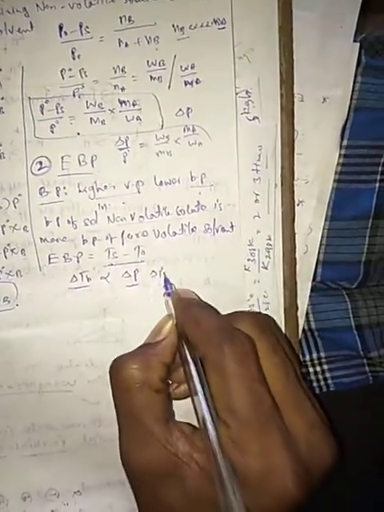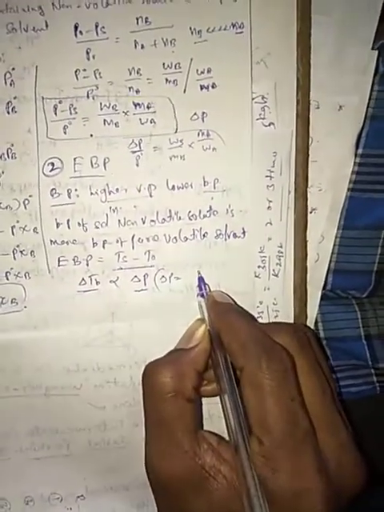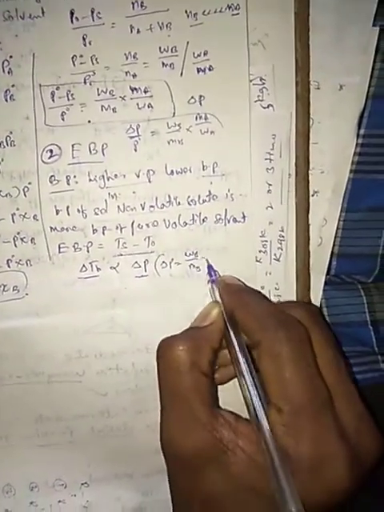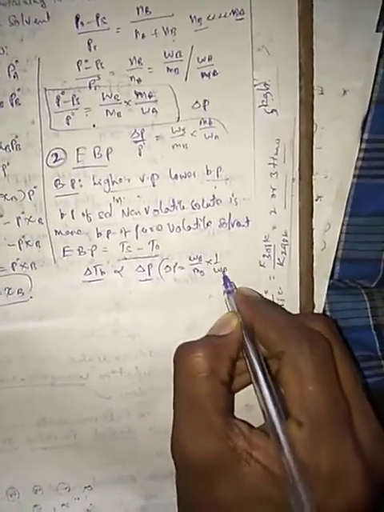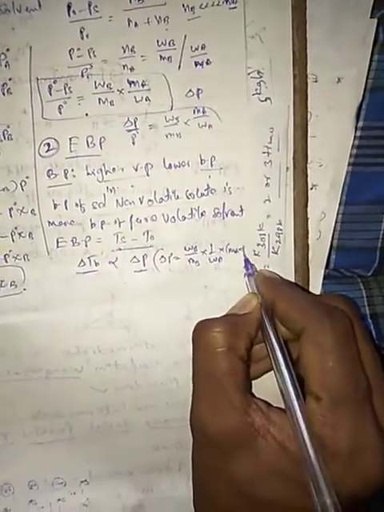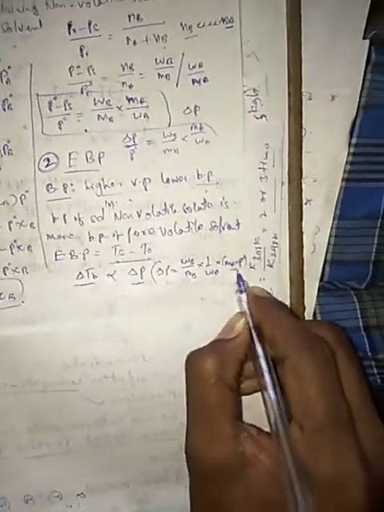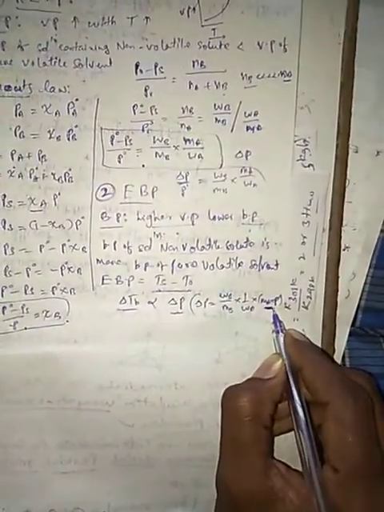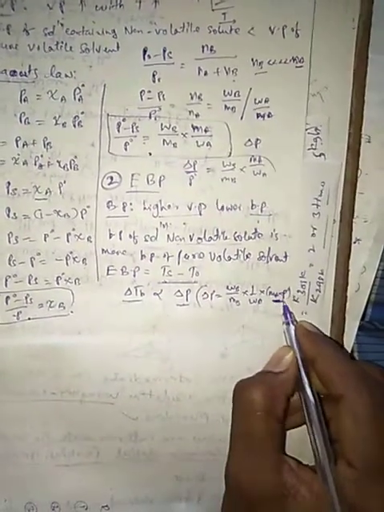delta P as WB by MB into 1 by WA into MA into P naught. At a particular temperature, these two, MA and P naught, are constant.